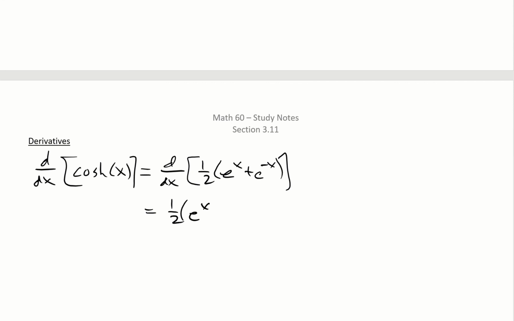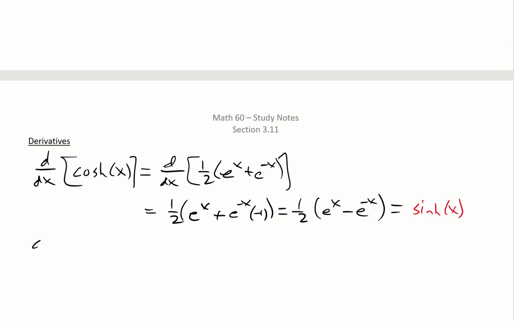Derive e^x, still get it. Here's a tiny little chain rule. e^(-x) times the derivative of -x, which is -1, from the chain rule gets you 1/2 (e^x - e^(-x)). You know what that is? Sinh, or hyperbolic sine of x.